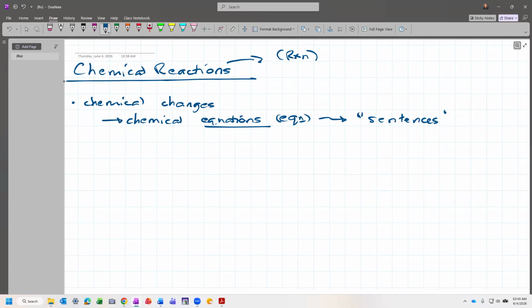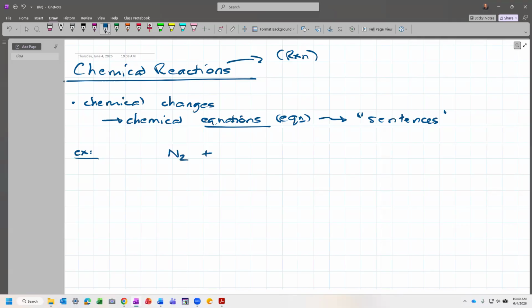So very simply, let's take a look at a couple examples, and I'll pick one chemical reaction and use that as our template for a lot of what we're going to use to review these. Let's say that we have the following chemical equation.